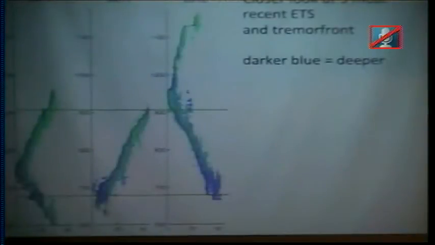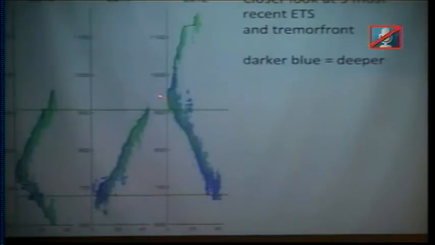Okay, so to zoom in and look at this a little bit more closely, here darker blue means deeper, and we can see the tendency, so this is the initiation of this ETS. It initiates deeper, and as it propagates, it gets a little shallower. But that doesn't always happen.